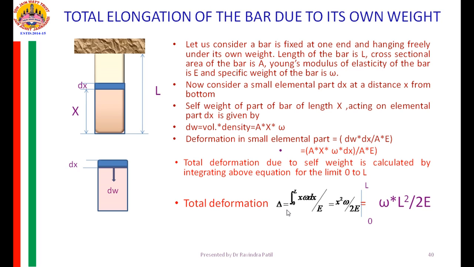Why we are integrating means only this part separately. If I am considering here, dW is the weight acting here. If I go here, the value of dW will be different. Here, this much of the part's weight is acting. If I come here, only a small part of the weight is acting on it.